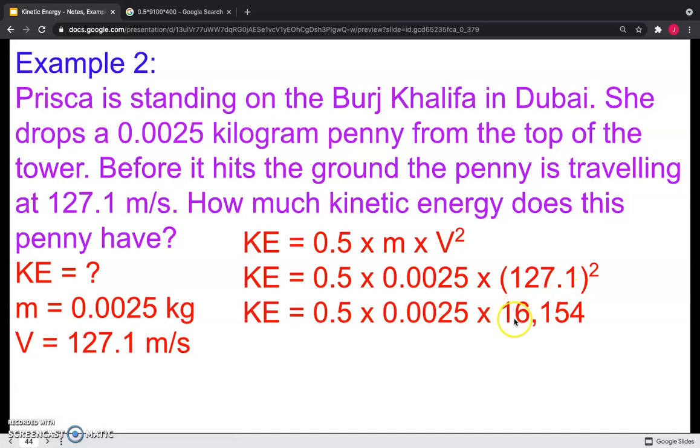And that's going to get us to 16,154 approximately. And then we're going to multiply that times 0.5 times 0.0025. So the kinetic energy should work out to be about 20.2 when we multiply those three numbers together. Remember, we need to include the units, J for joules. So the kinetic energy is 20.2 joules.